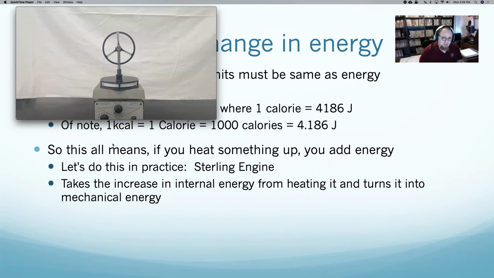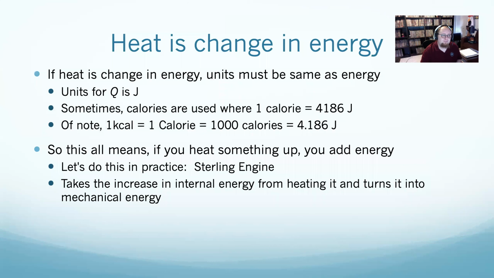The Stirling engine is something that turns thermal energy into mechanical energy. Because it is gaining energy due to temperature, it causes mechanical energy. And it spins pretty fast too. Okay.